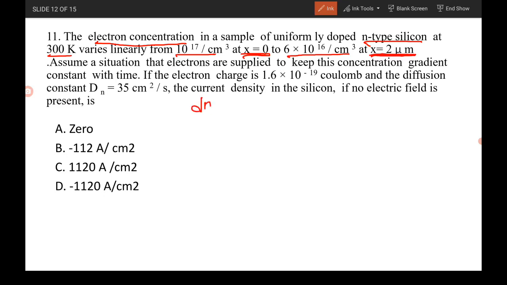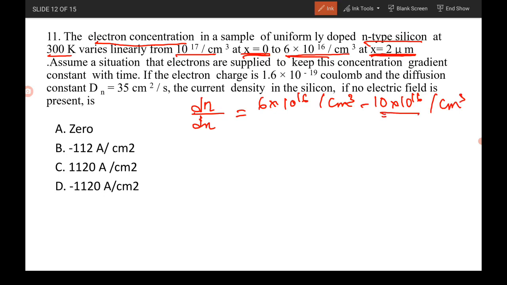So here dN by dx is represented as slope, final minus initial. So how will we find the slope? Final minus initial ratio. Here the final concentration value is 6 into 10 to the power 16 per centimeter cube minus 10 to the power 17 per centimeter cube, which can be written as 10 into 10 to the power 16 per centimeter cube, so that the calculation becomes easy.